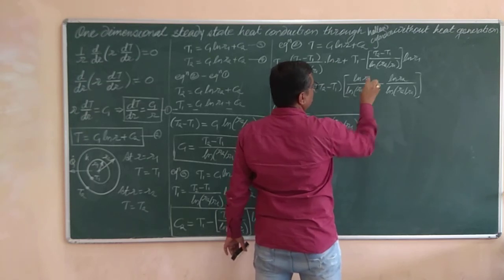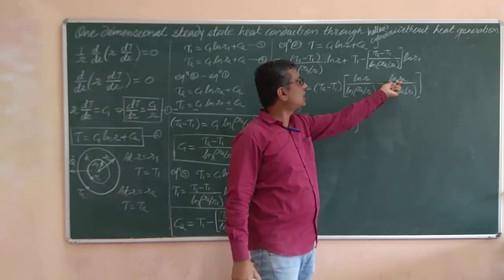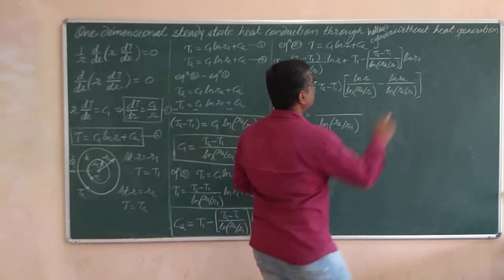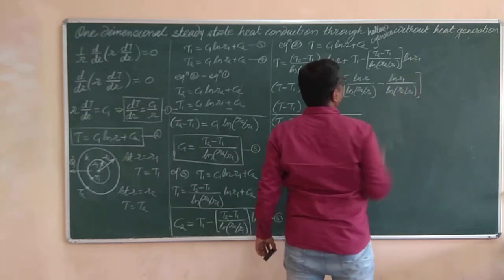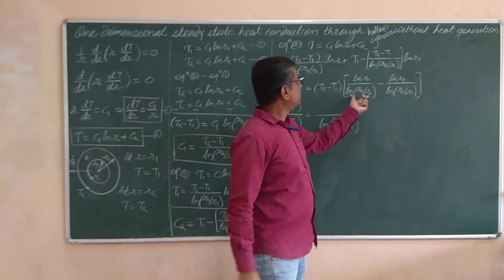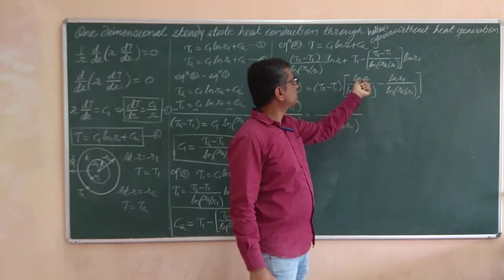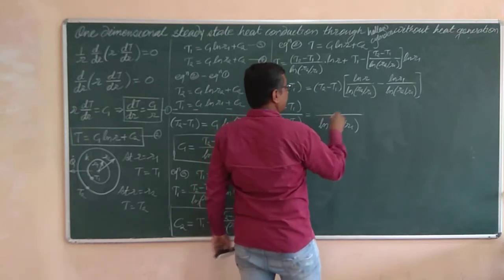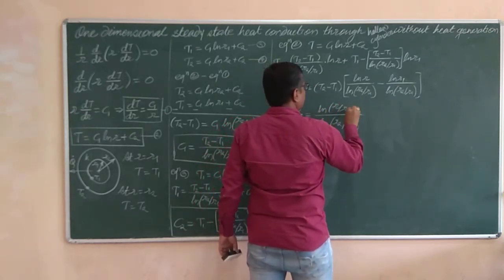What will be there in the numerator? In the numerator it will be natural log of R minus natural log of R2. Something wrong? I'm sorry, it has to be R1 over here. So if we take natural log of R2 by R1 as LCM, in the numerator it will be natural log of R minus natural log of R1, and can be written as natural log of R by R1.